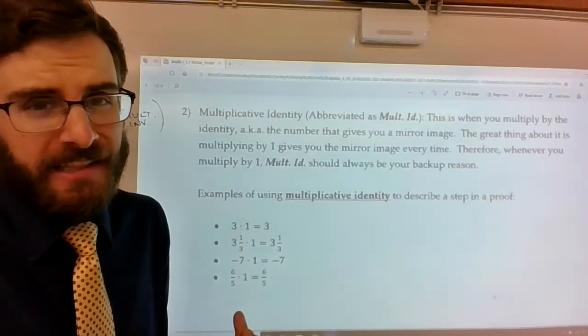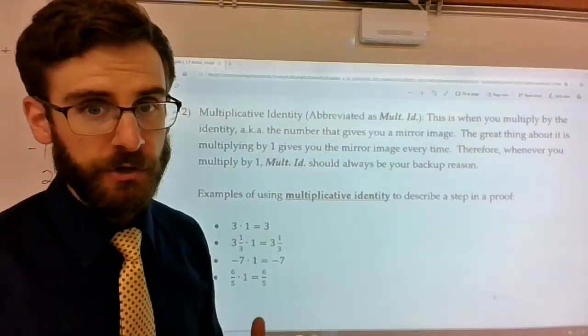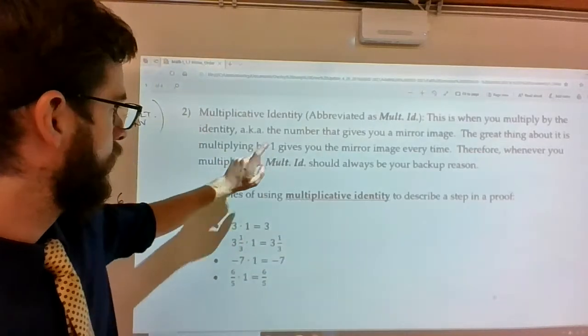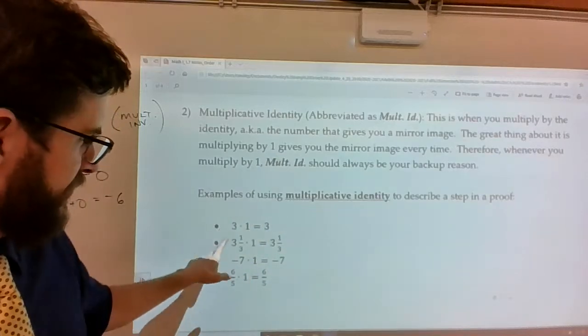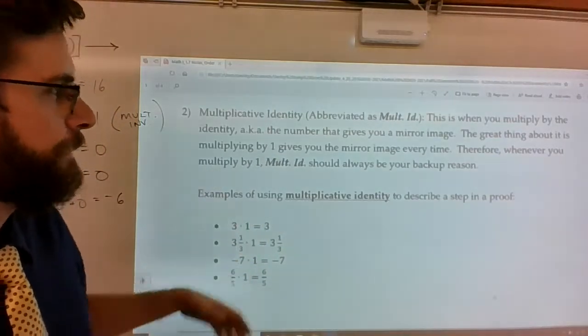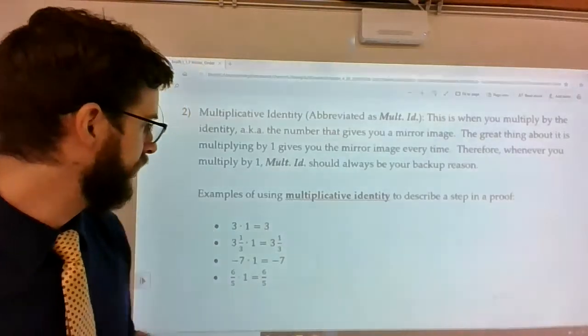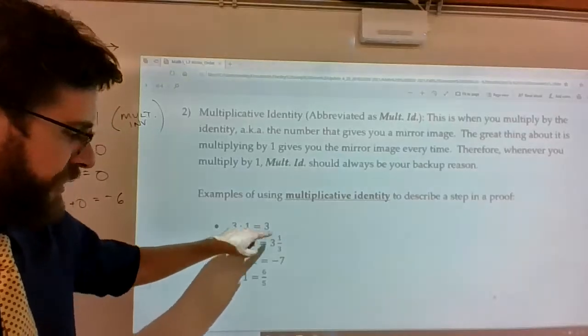Basically it's the number that gives you a mirror image. So you're getting that number back when you multiply it by 1. Whenever you multiply by 1, you're backing up your reason for that order of operations proof with the multiplicative identity. So 3 times 1 equals 3.